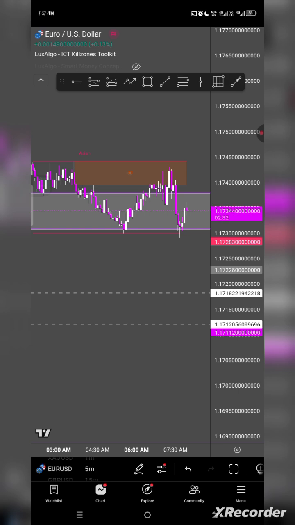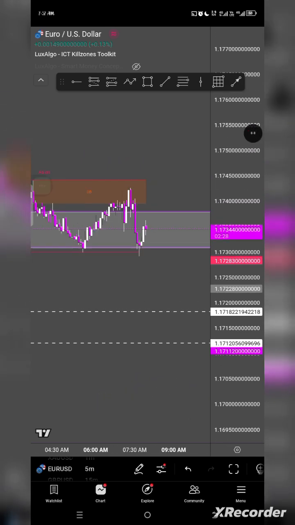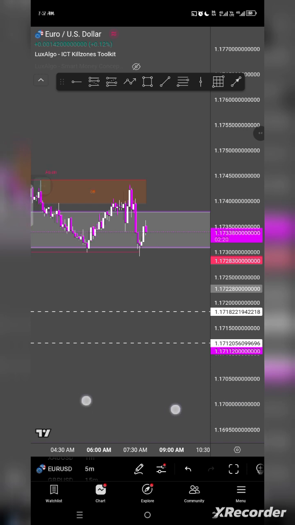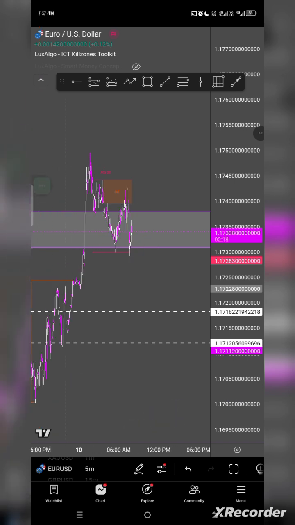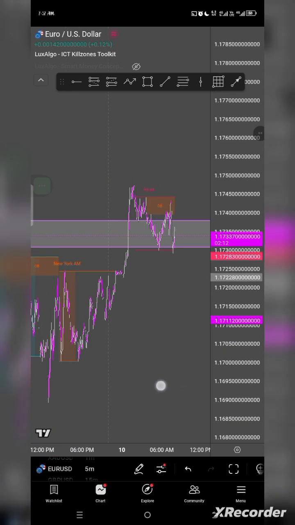So you can see we don't have a candle close below that zone. I'm gonna mark that out. We don't have a candle close below. It's just a wick, so I'm expecting price to. And price is actually bullish, so I'm expecting price to.